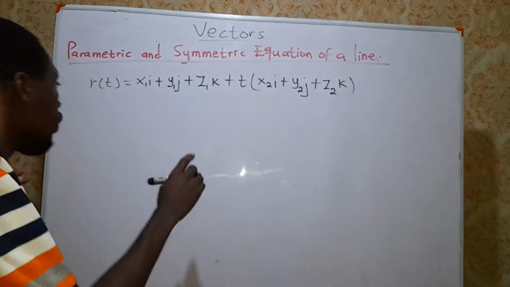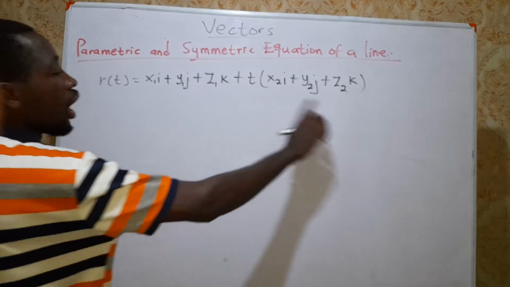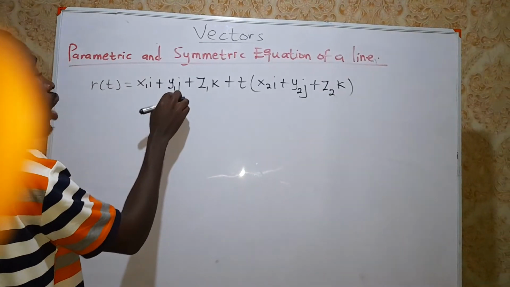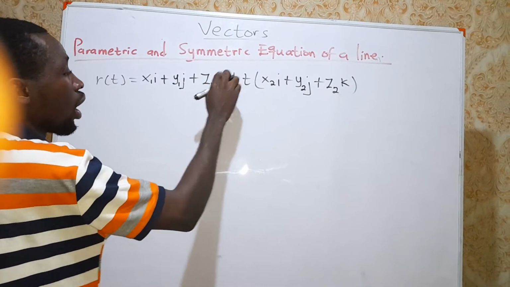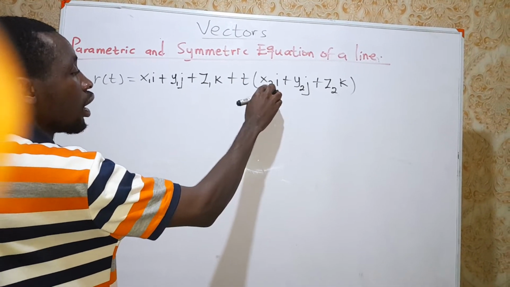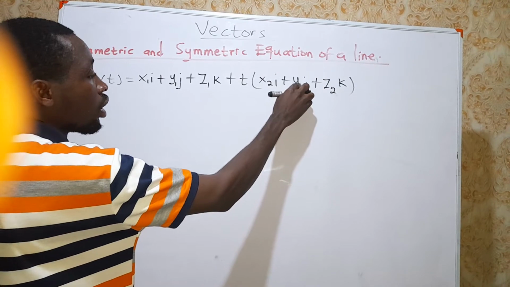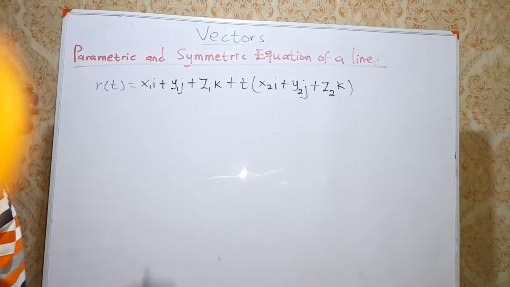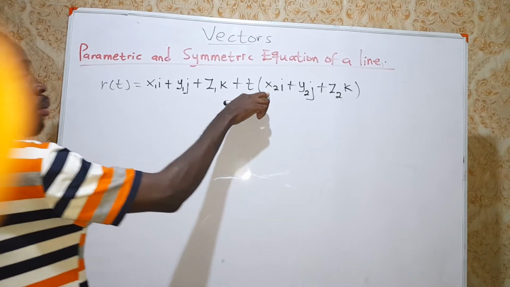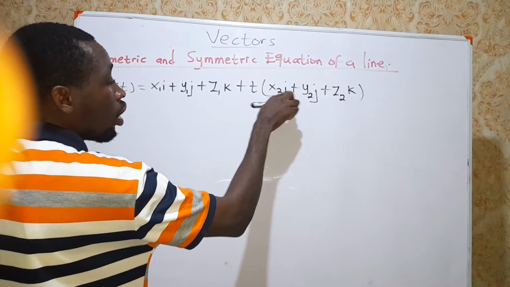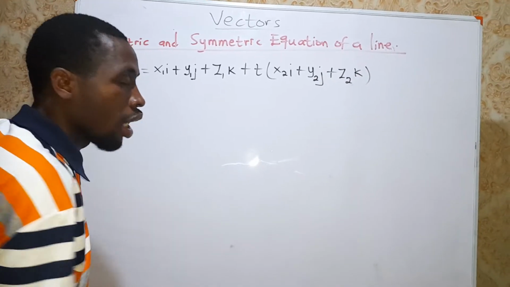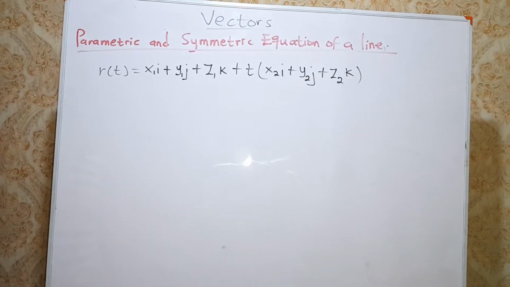Let's say a given vector equation of a line is this: r of t is equal to x1i plus y1j plus z1k, then plus t times (x2i plus y2j plus z2k). Let's say this is a vector equation of a particular line, where remember the x2i plus y2j plus z2k is a directional vector, if you watched my video on that.